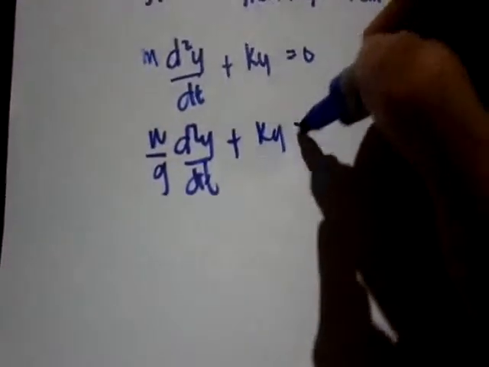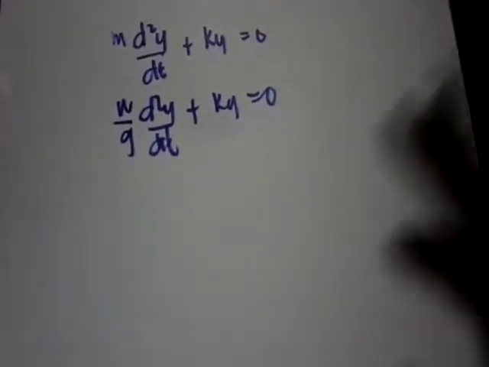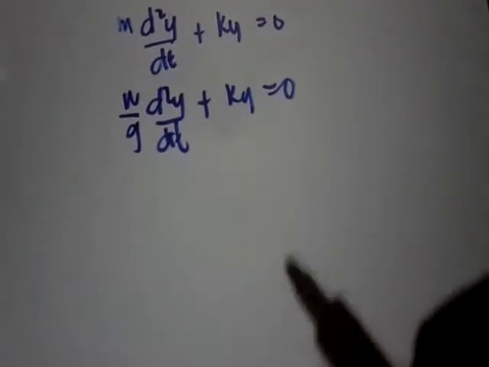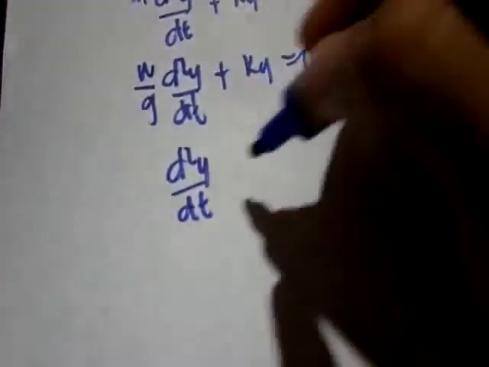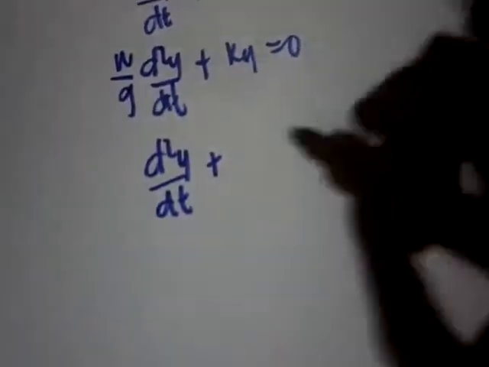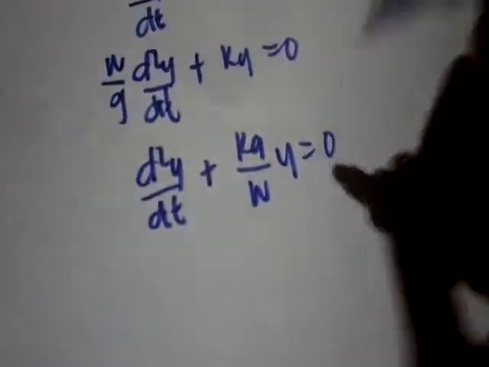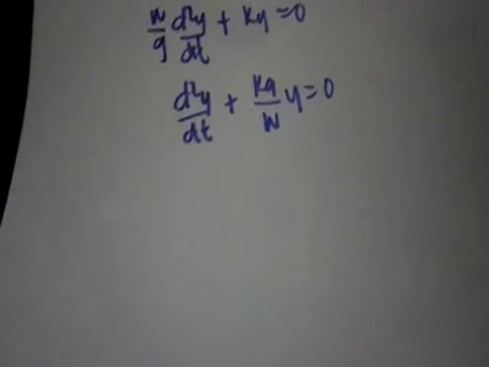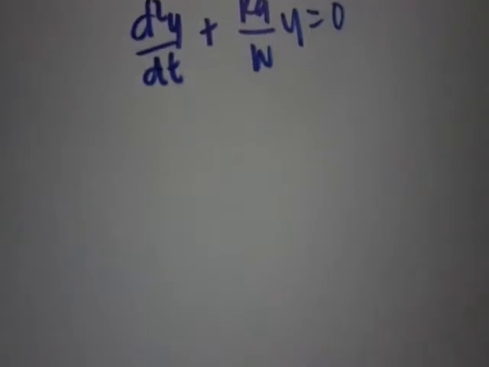Plus ky equals 0, and we can divide the whole equation by w over g, so it will be a second order linear differential equation in its standard form: d squared y over dt squared plus kg over w y equals 0. At this point we can get its characteristic equation, and we can get its roots.